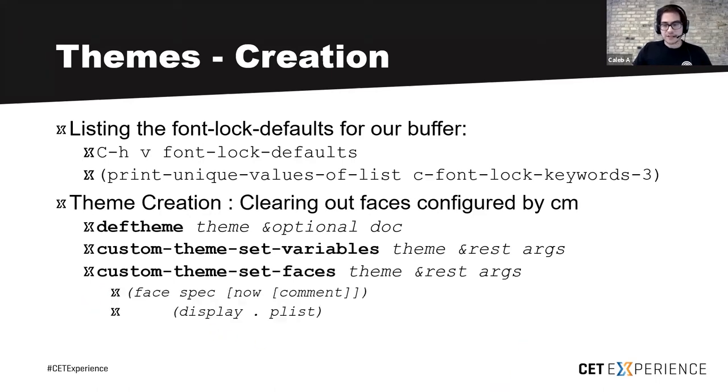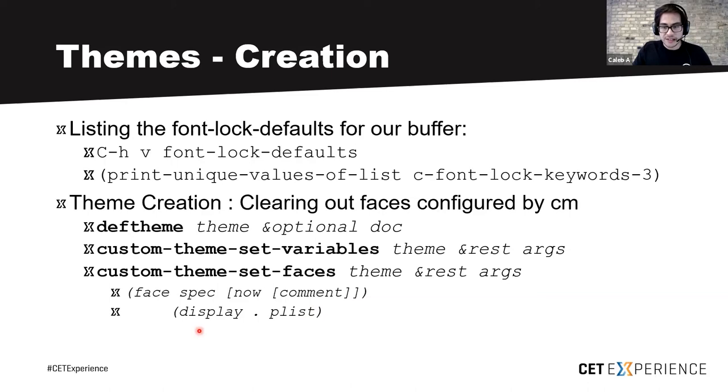Custom-theme-set-faces. This function does the bulk of the work. This is the definition of the face variables that we talked about. The arguments here have the type face spec, where face is that symbol we printed out in the scratch buffer. Spec has a form below.